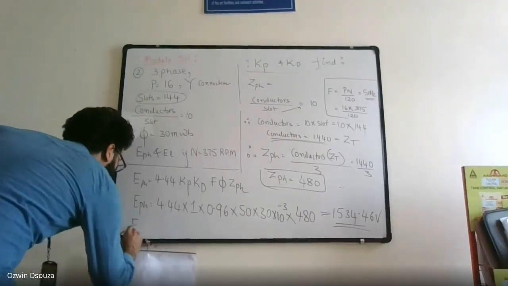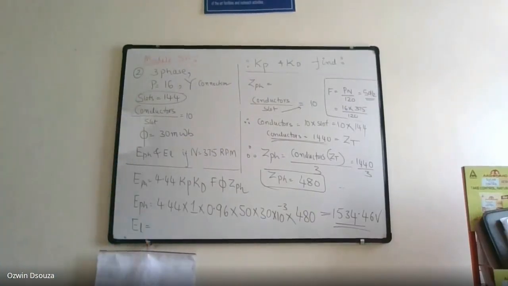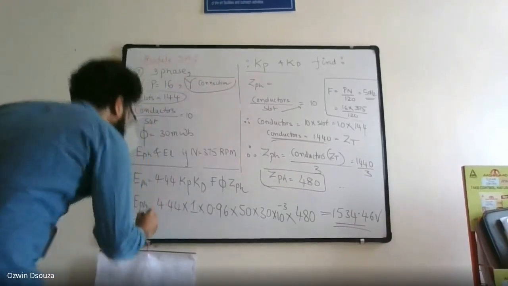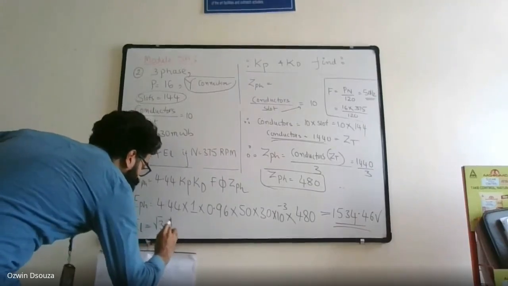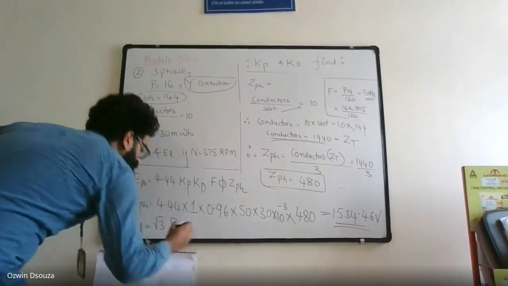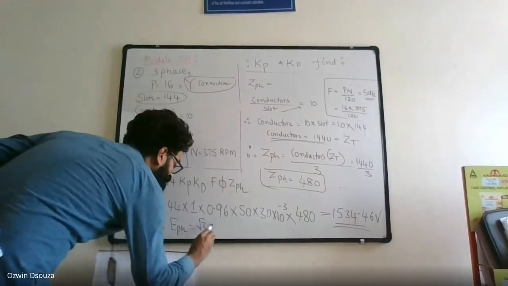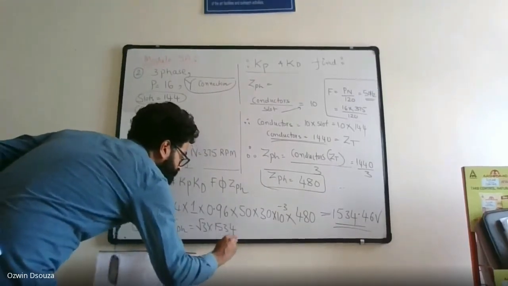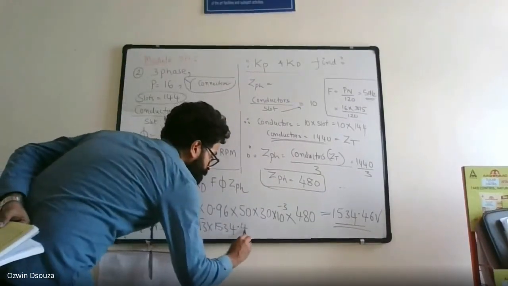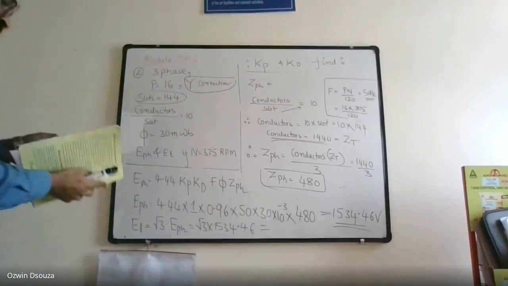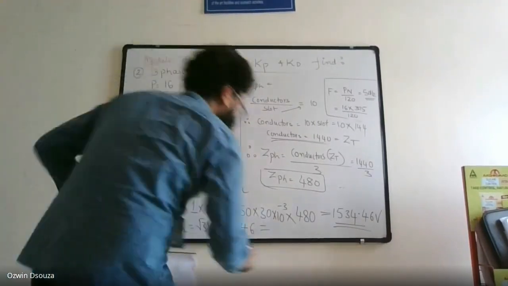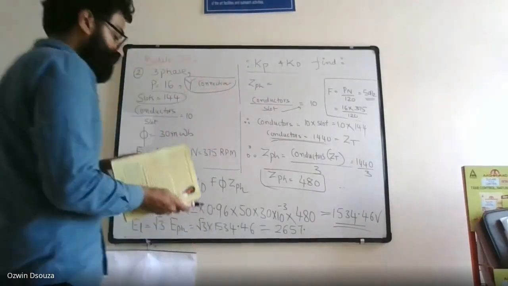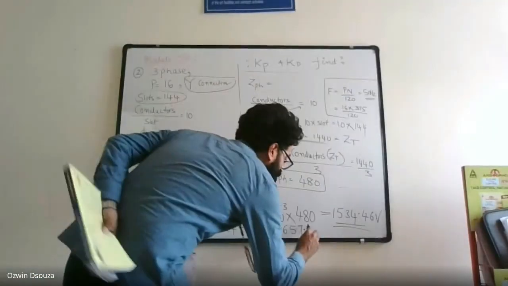And finally, you can find out the line voltage. So it's a star connected alternator, hence line voltage is √3 times the phase voltage. So √3 into phase voltage, which is 1534.46, which gives the line voltage value as 2657.77 volts.